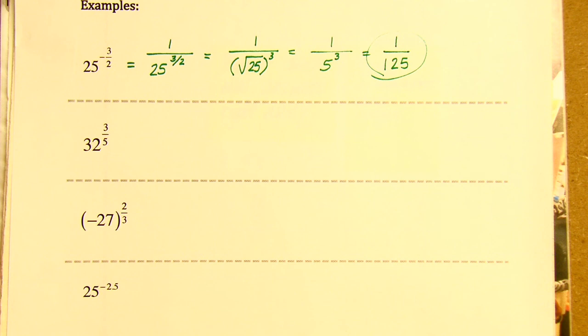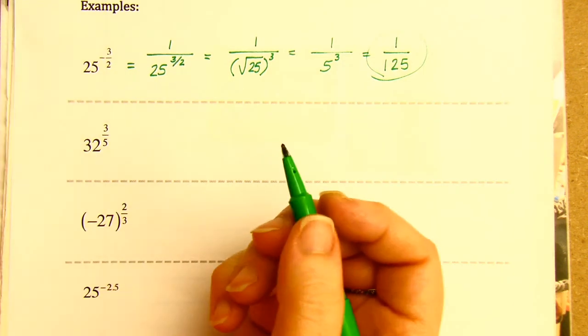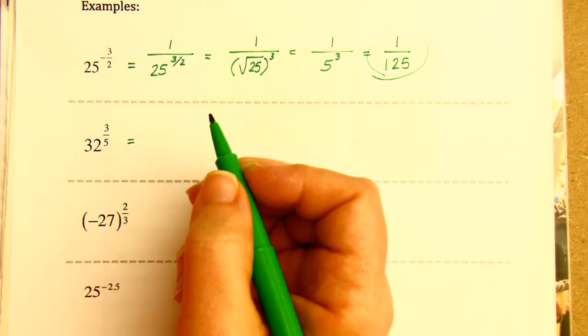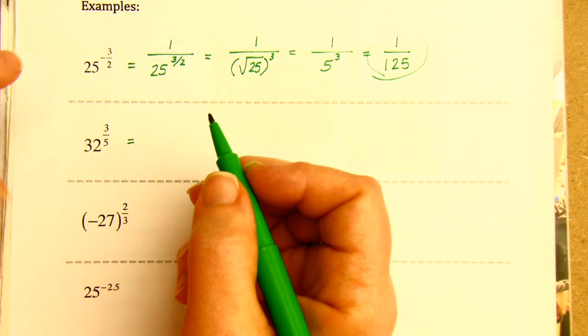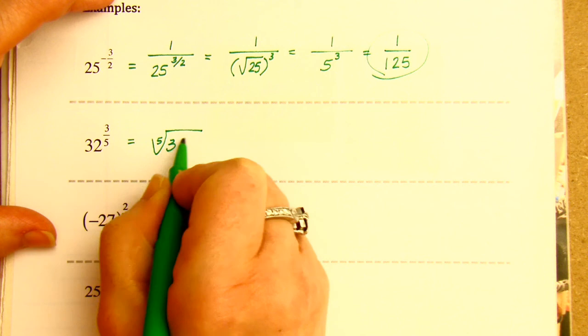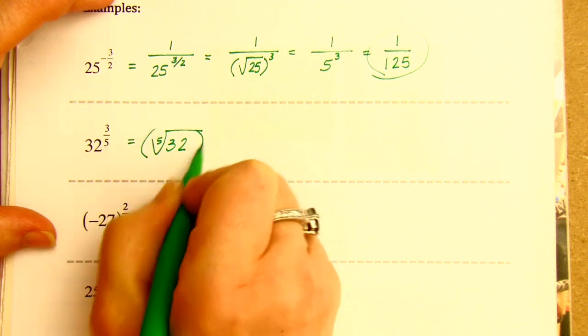All right, the next one. This one, notice there's no negative exponent, so I'm okay. I'm just going to convert it using rational exponent properties. Power over root, this is the 5th root of 32 cubed.